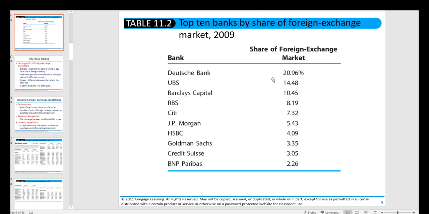So you can see that the foreign exchange market is dominated by foreign banks. And that's because the US dollar accounts for such a large portion of all transactions, whereas in the other countries, the banks need dollars to conduct international transactions.